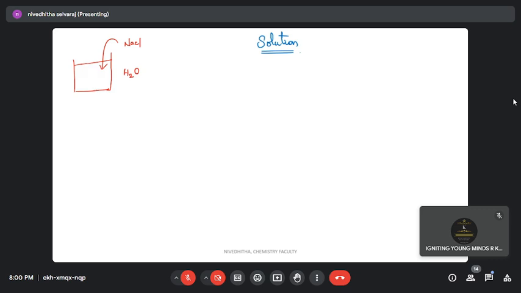In a solution, the component whose quantity is very high is called the solvent, and the component whose quantity is very low is called the solute. So solute plus solvent gives solution. In a binary solution, we'll have only one solute and one solvent.